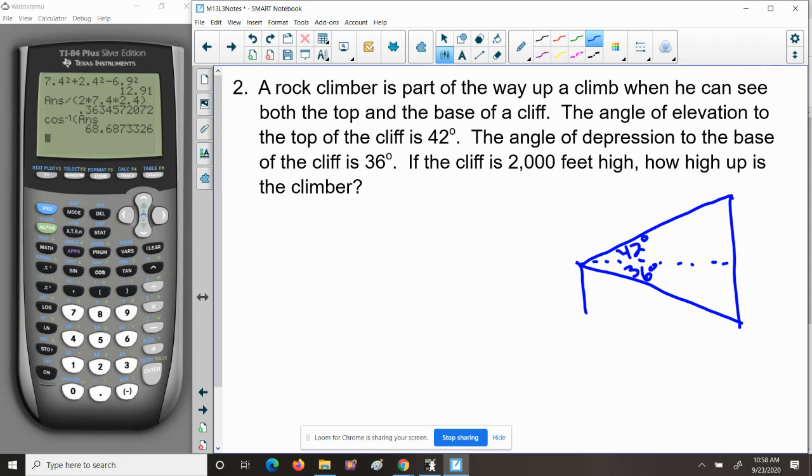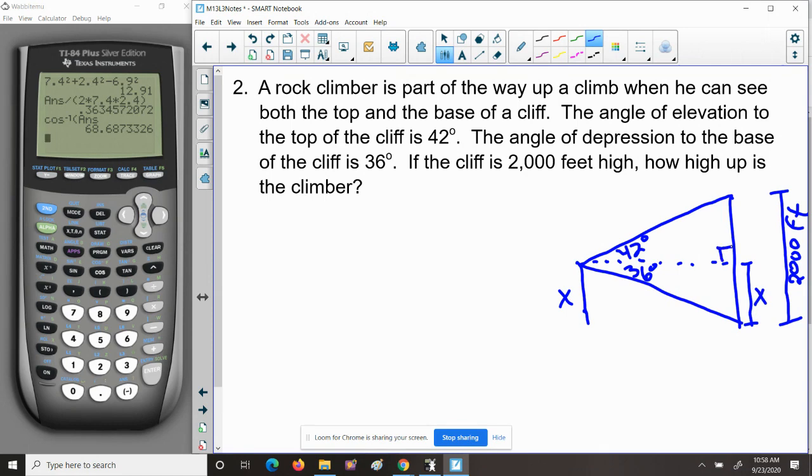And the cliff we know is 2,000 feet high. So we're going to call this 2,000 feet. How high up is the climber? We want to know how high up he is, so we'll call that X, which would be the same distance as here.